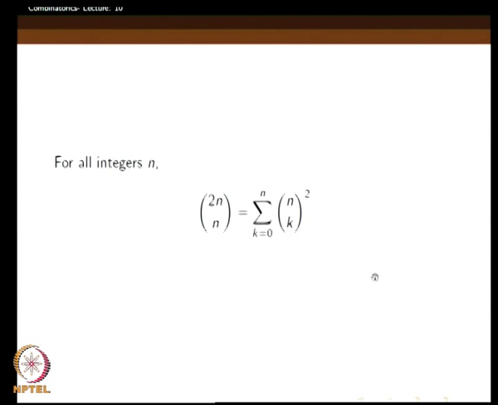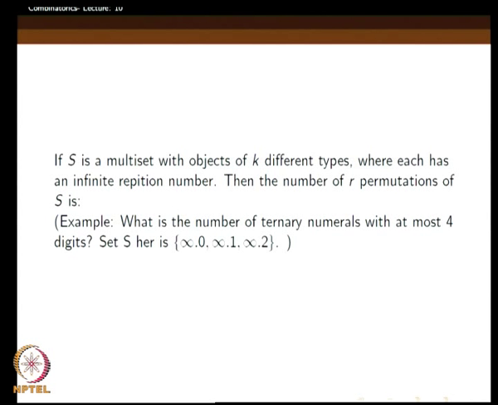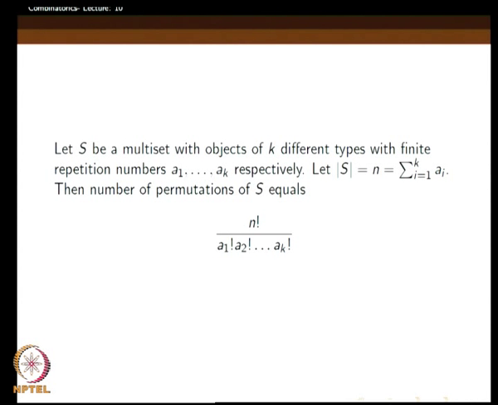Welcome to the 10th lecture of combinatorics, and in the last class we were looking at this problem, namely the permutations of a multi-set.